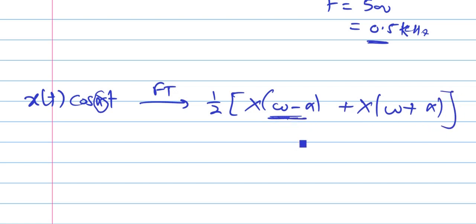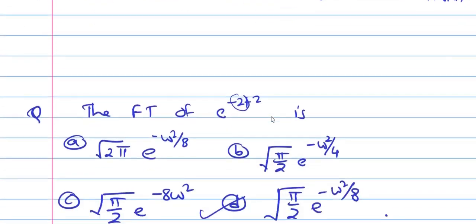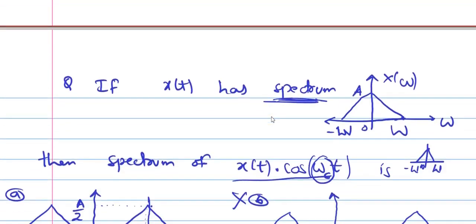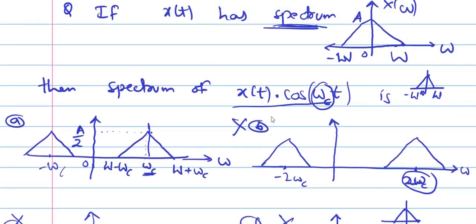This is right shift and this is left shift. We studied shifting operations in unit number 1. So the spectrum gets shifted right side and left side by alpha units. So in option A, this thing is shifted right side and left side by omega c. So that's why the correct answer is option A.